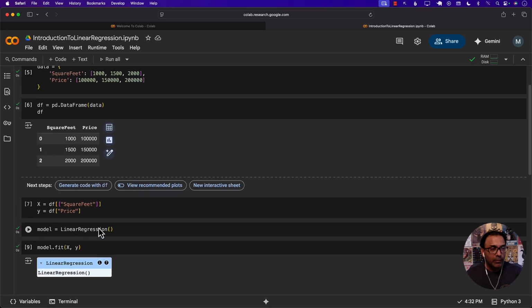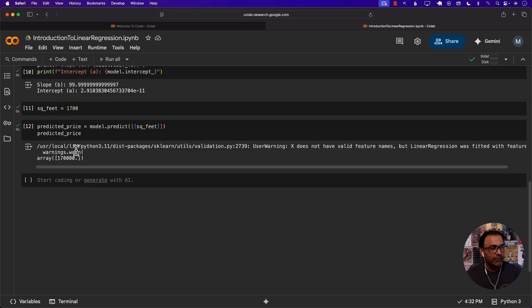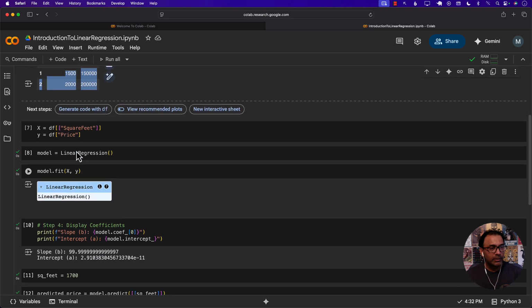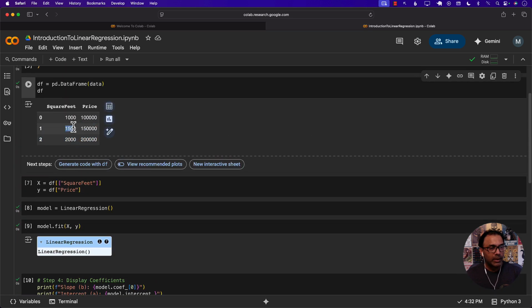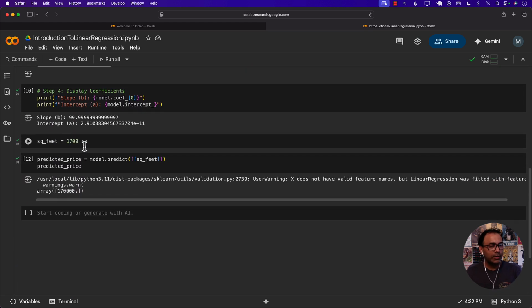If you look over here, that sounds about right, right? I mean, 1,500 square feet is $150,000, and 1,000 square feet is $100,000. So with that calculation, 1,700 square feet will be $170,000.